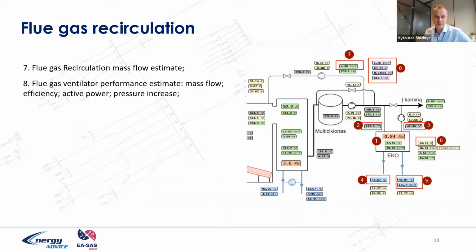Flue gas recirculation. Here we have a fan with an electricity meter, because a variable frequency drive is installed. So we have electricity consumption, and we have the variable frequency drive frequency, or frequency in percentage, and it's very important to understand how much flue gas, in tons, was circulated inside the boiler.